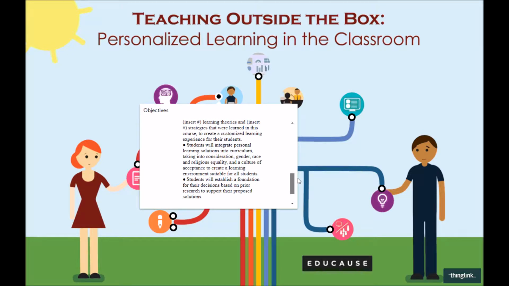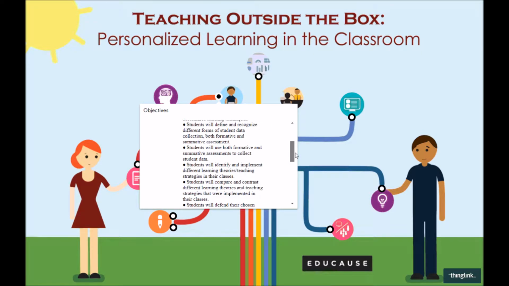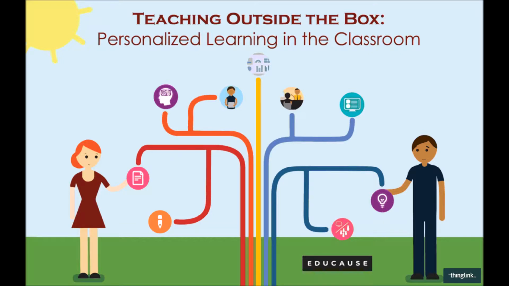Students will integrate personal learning solutions into curriculum, taking into consideration gender, race, and religious equality and a culture of acceptance to create a learning environment suitable for all students. Students will establish a foundation for their decisions based on prior research to support their proposed solutions. So a lot of this is actually getting them to create and implement their favorite learning theories and teaching strategies in order to create a personalized learning experience.